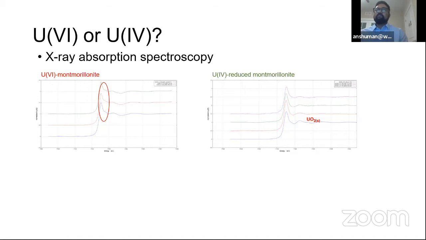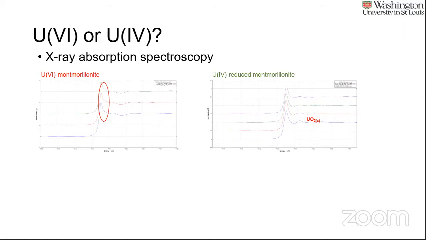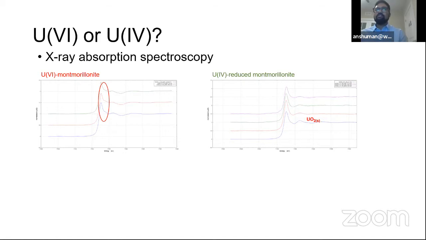This is what we found. So these are the two different standards, I would say. One is uranium-6 adsorbed onto Montmorillonite. Montmorillonite is not able to reduce uranium-6, it's not supposed to, so I'm assuming all the uranium is going to stay as uranium-6.